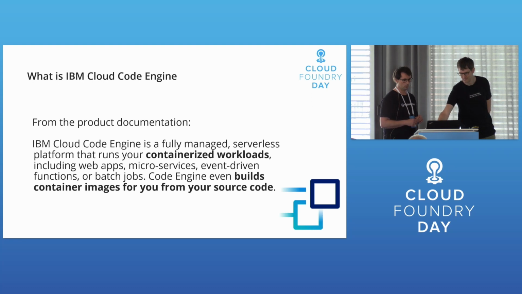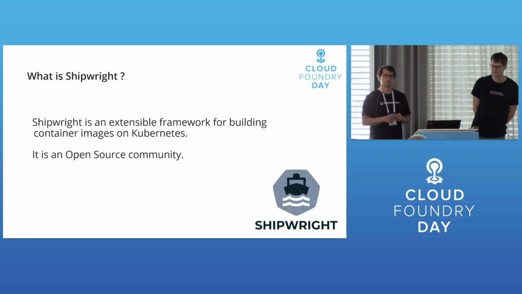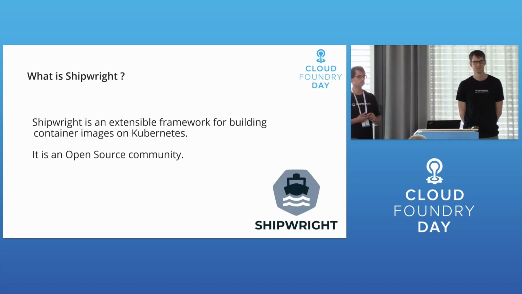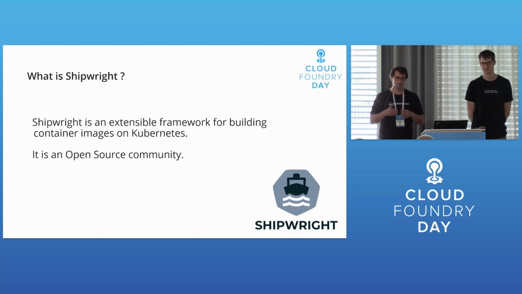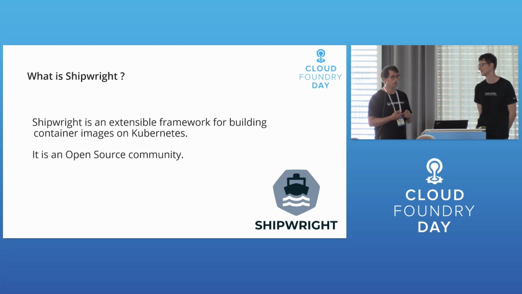So with that being said, what is now Shipwright? Shipwright is, like Cloud Foundry, we have built capabilities to get from source code to, in this case, container images. It doesn't really matter where the source code is, so we support remote Git repositories as well as local source code on your disk. And to borrow from our old favorite haiku, here's my code, run it on the cloud for me, I do not care how.